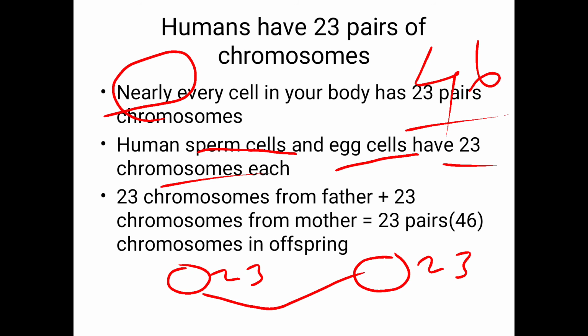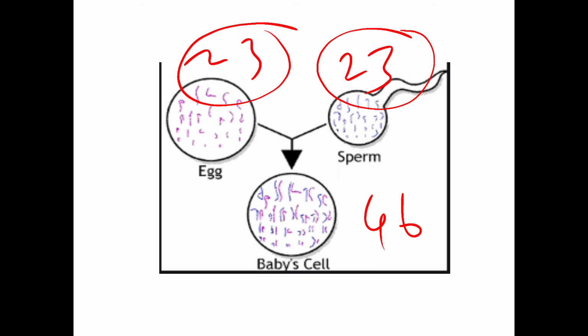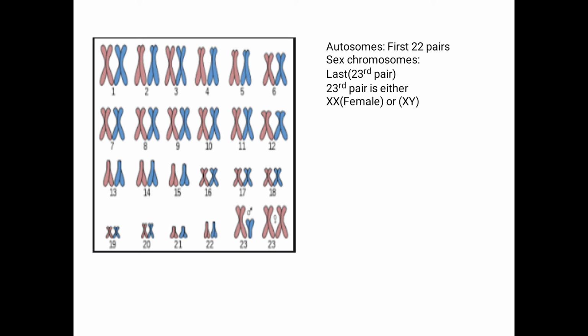When they combine, the offspring receives 23 from the father and 23 from the mother, to have 23 pairs of chromosomes. You can call it 46, but usually it is referred to as 23 pairs because 23 is received twice.